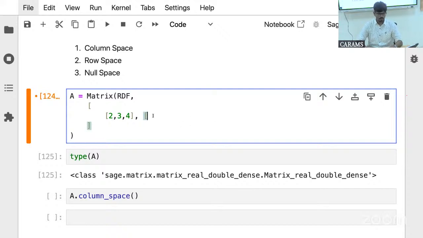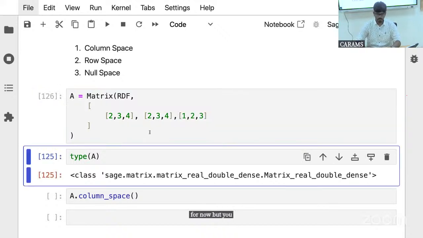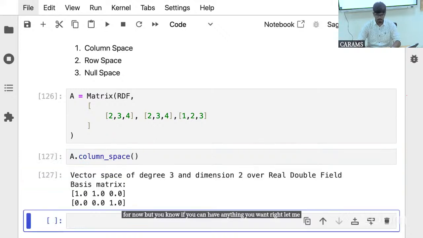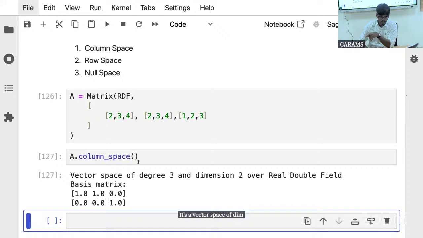Let me do a 3 by 3 matrix for now, but actually you can have anything you want. Now you see that this is a column space. It's a vector space of degree 3 and dimension 2.